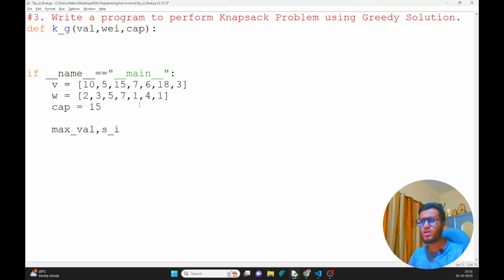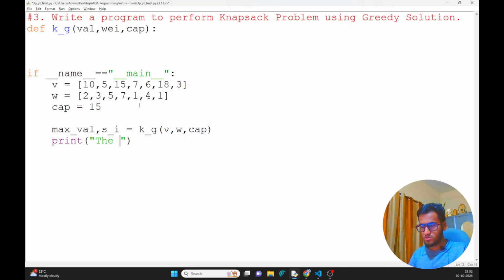Selected items is not required, but for the satisfaction of the output it is important. The maximum value is very much important. Max value is equal to the knapsack greedy function. We are passing the v, w, and capacity. From that, it will give the output and print. I'm just writing a full main function. Then we will write the function afterwards.